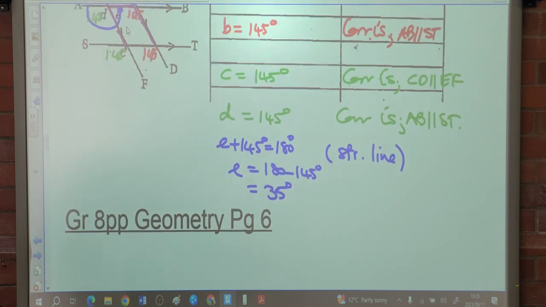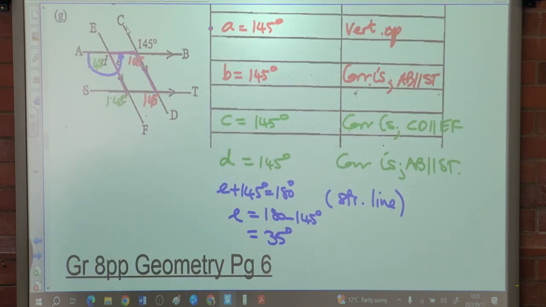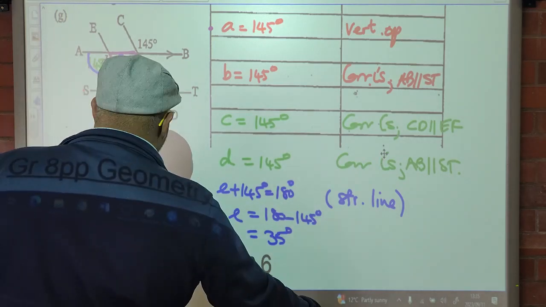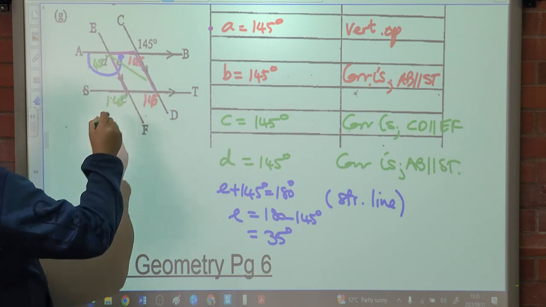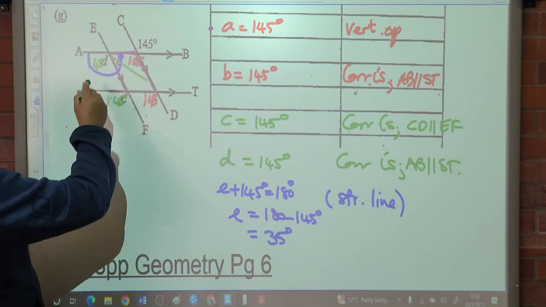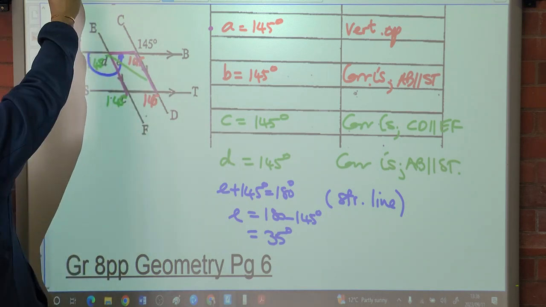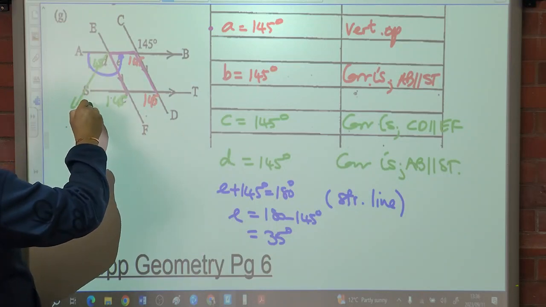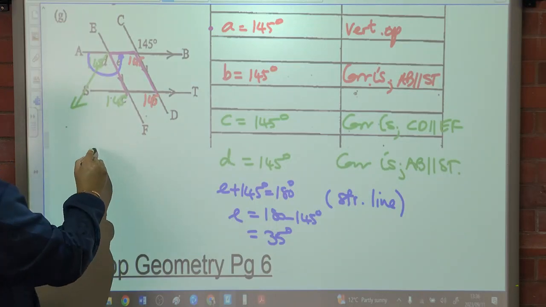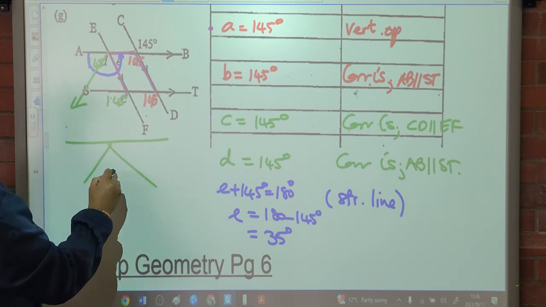What if there was a line going through next to E, on the vertex, going the other direction, this way? Then you're going to have an angle looking like this.